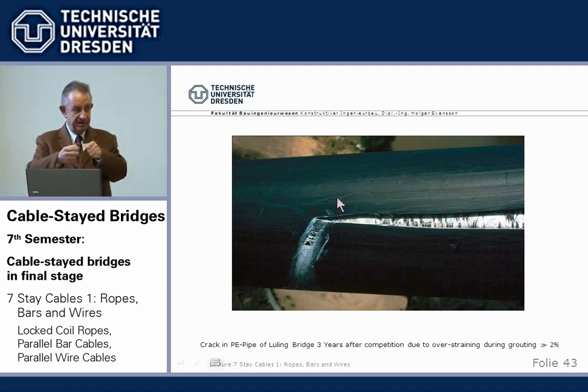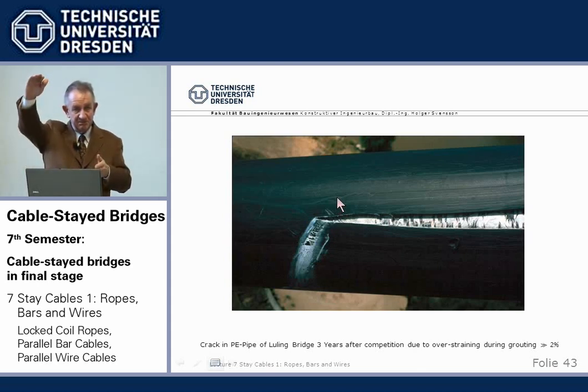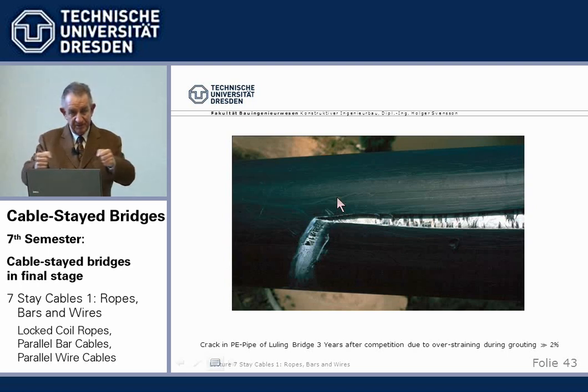During grouting, you build up a pressure in the PE pipe. You widen the PE pipe. The higher you grout, the bigger the pressure and the more the PE pipe strains in the circumference. They had overgrouted, and they had 6 to 8% widening of the PE pipe.